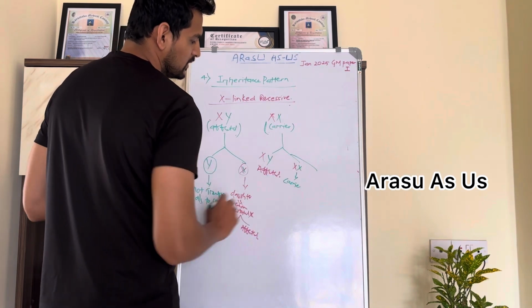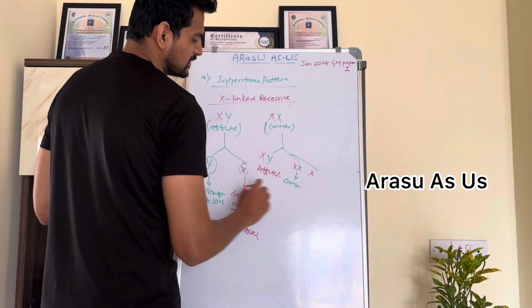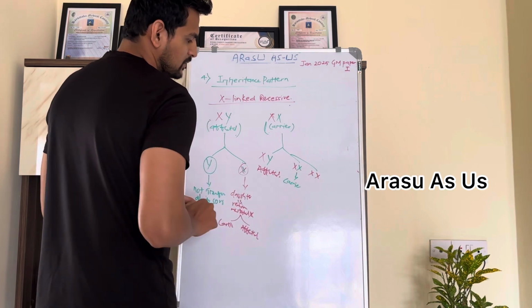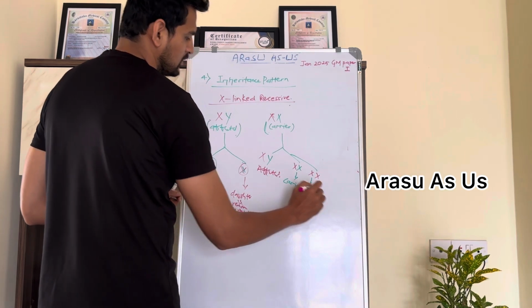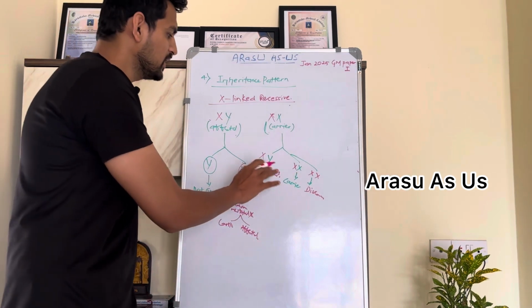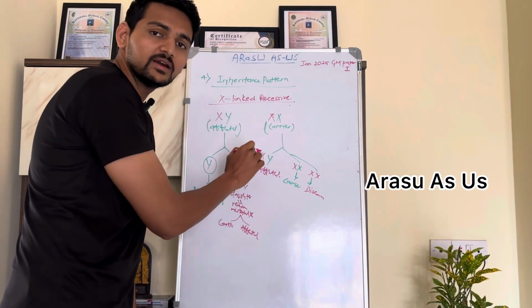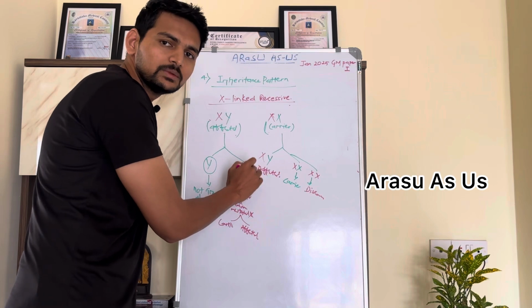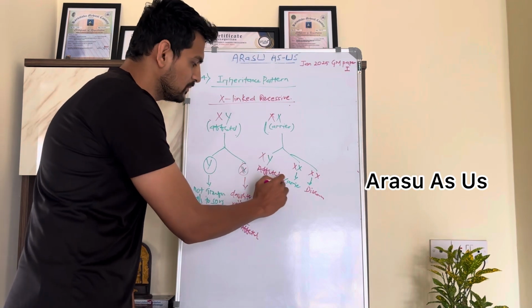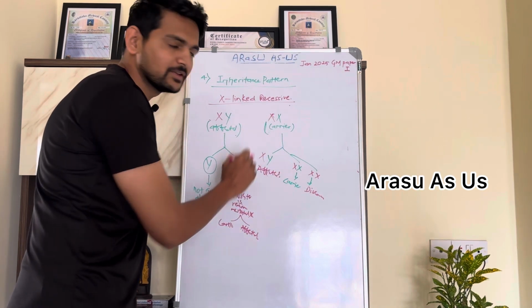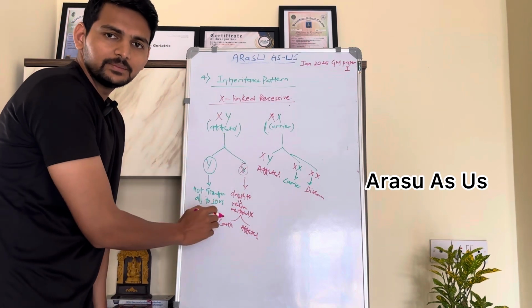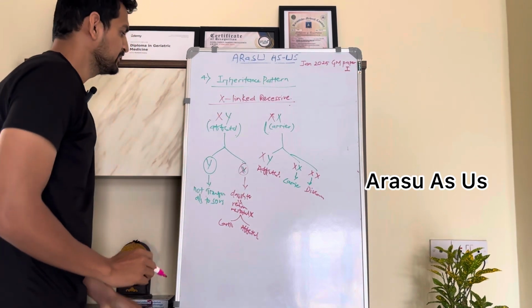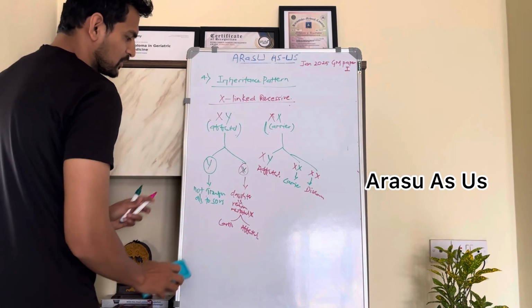And if she is getting a mutated X from the father also, then she will be manifesting the disease. So this will be the pattern. Here we can observe that mothers can transfer disease to both males as well as females. So both genders might get affected because of a carrier or affected mother. Whereas we saw that fathers will transmit this disease only to the female child. So this is about X-linked recessive disorders pedigree.